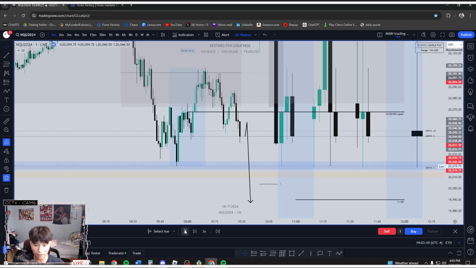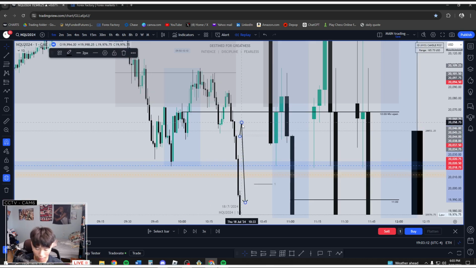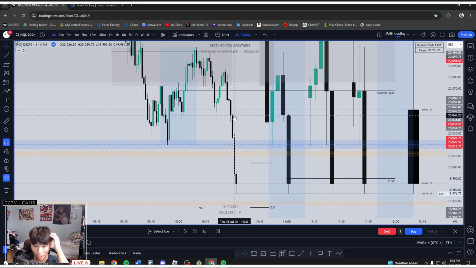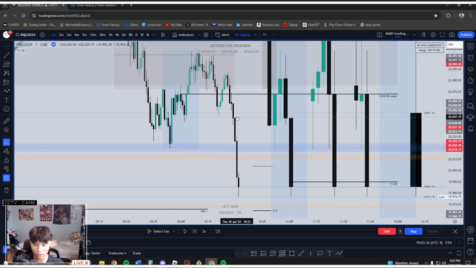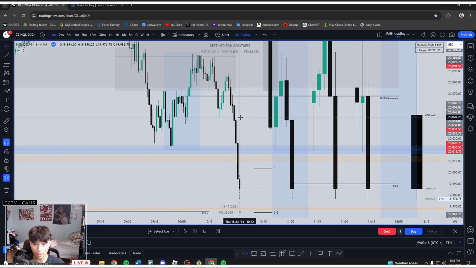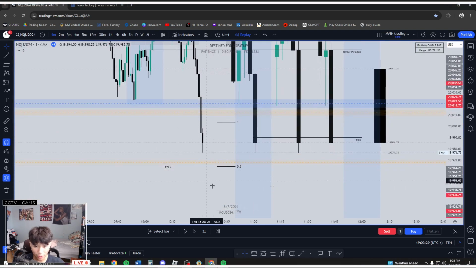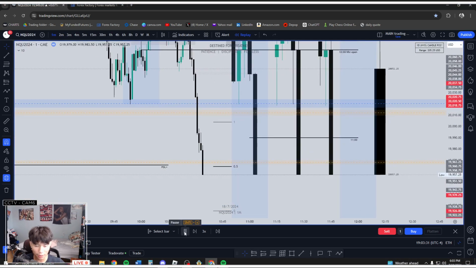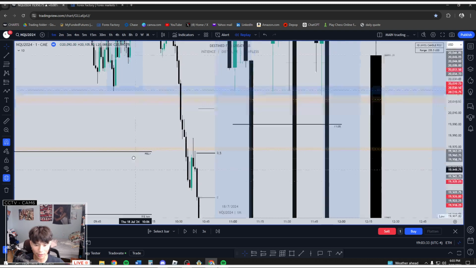But this is what we got. We got an instant move down lower at the 10:30 mark. So I wasn't even able to get into this trade here. Because I was waiting for a retracement, I didn't get that entry and prices left without me. And so the trade that I actually did end up taking was this one right here.